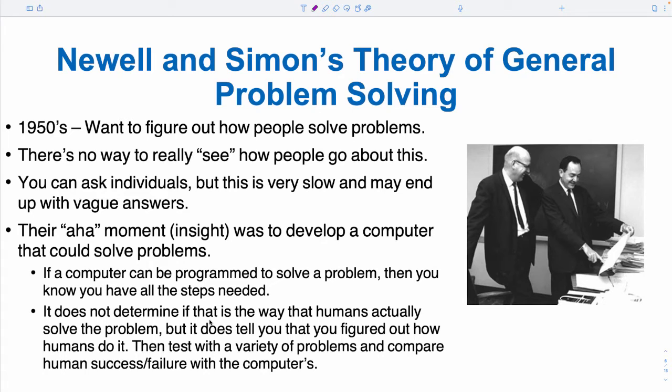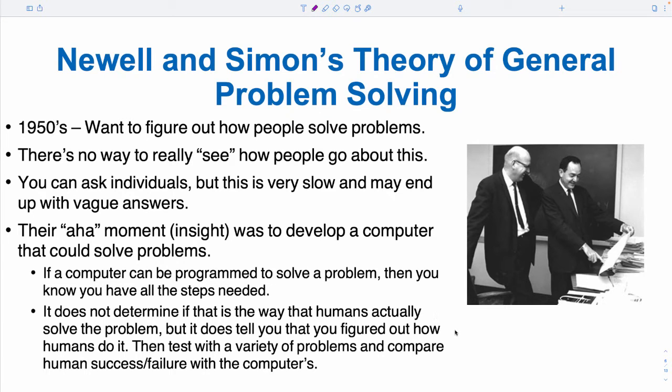And then you can test the computer with a variety of problems, and you can test humans with a variety of problems, and you compare the human success and failure rate with the computer's. And so you can see if the humans and the computers solve these problems identically and make the same errors, then you can start to get some certainty that, hey, I think you have maybe figured out how it is that humans solve problems.